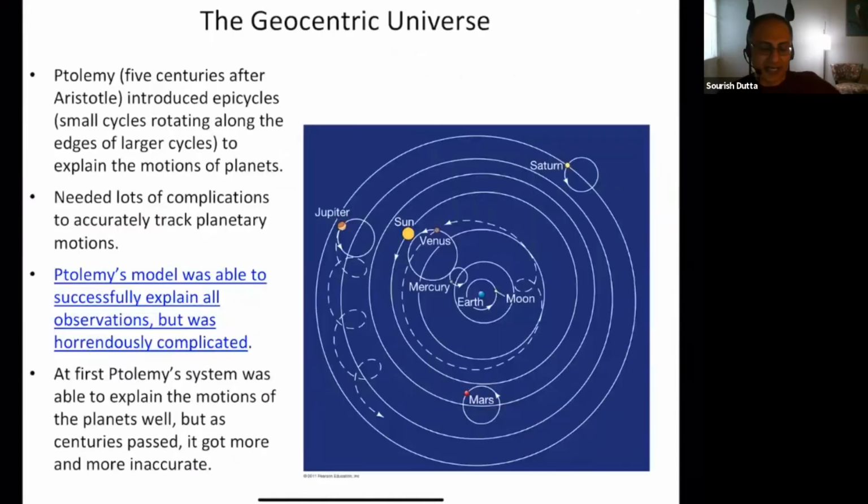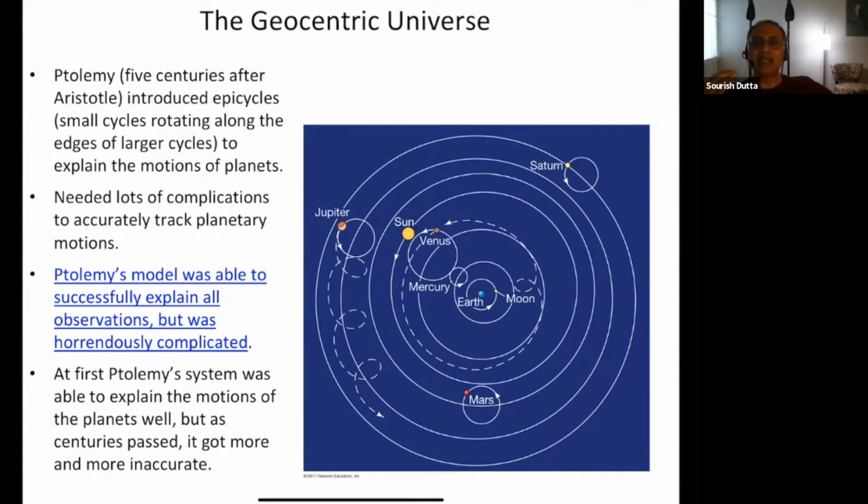Okay. All right. Now, this was the model that Aristotle came up with. Now, why would you care about a model? So what was the point of coming up with this model? The point was that with this model, you sort of have an understanding of what the planets are doing.